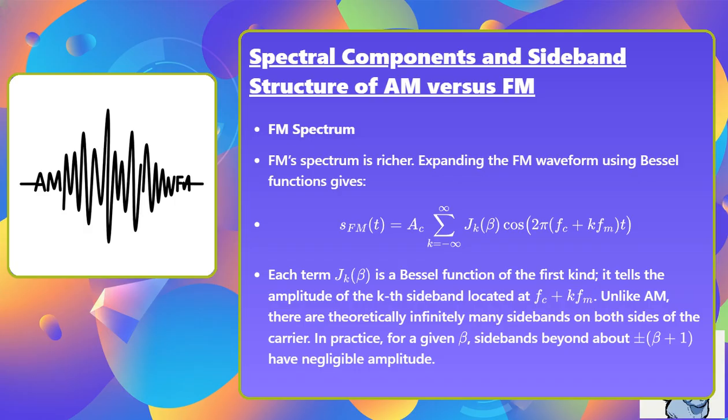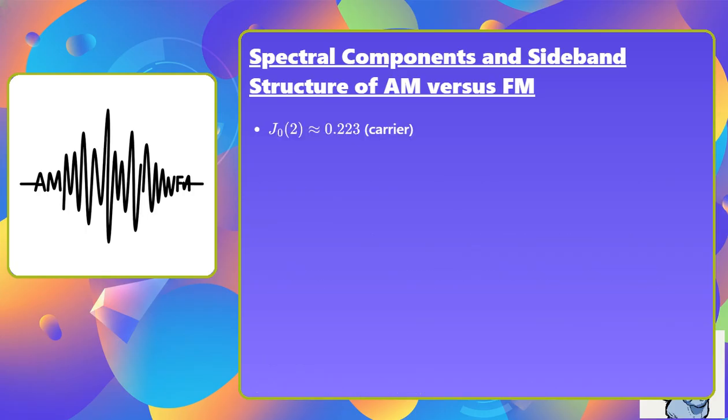In practice, for a given beta, sidebands beyond about plus or minus beta plus 1 have negligible amplitude. Example, with beta equals 2, the significant Bessel values are J_0(2) approximately 0.223, the carrier, J_plus or minus 1(2) approximately 0.577, J_plus or minus 2(2) approximately 0.353.